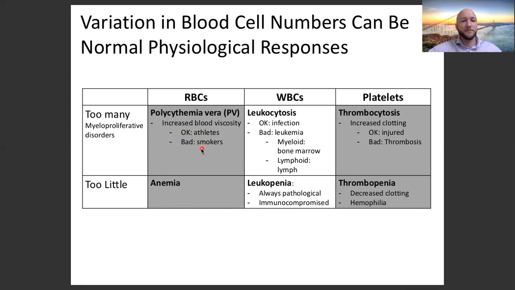What about if you have too few red blood cells? It can cause anemia, so not a good situation. So too many red blood cells, sometimes okay if you're an athlete training in a certain situation. Sometimes bad. Anemia, generally not good.